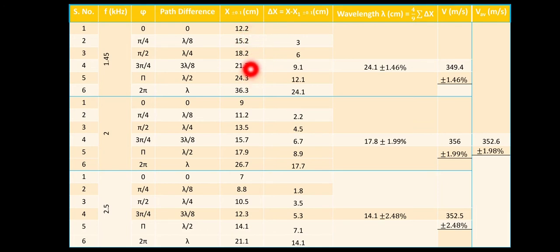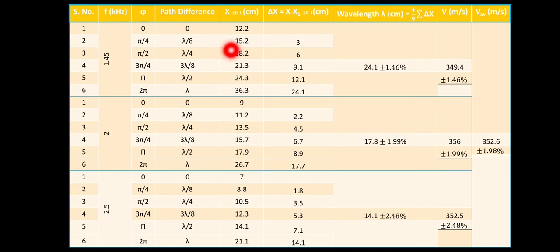Since we know that a 2 pi phase difference corresponds to 0 phase difference, and since waves are sinusoidal, after some time the pattern will repeat.